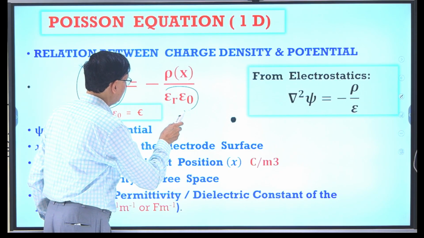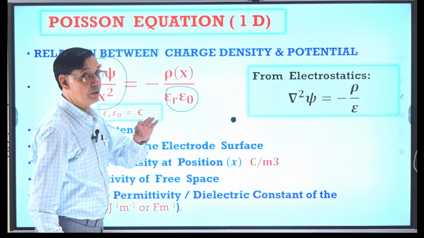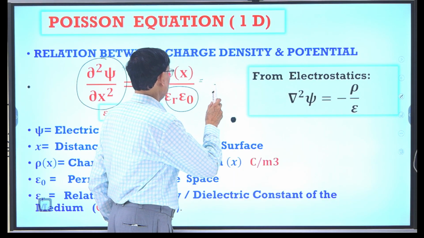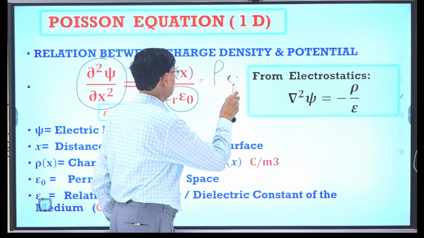epsilon r epsilon 0. इसमें भी आप कंफ्यूज मत होइए, बहुत सारे बुक्स में आप देखेंगे rho x.